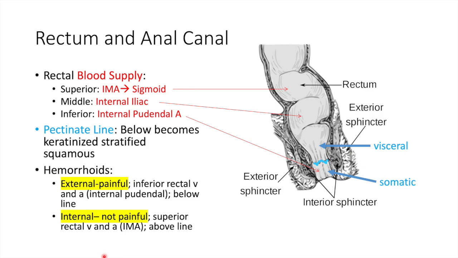So the rectum and anus. So the rectal blood supply, there's going to be a superior, middle, and inferior portion. The superior is coming from our IMA, from our sigmoid, just like we had talked about. The middle comes off of our internal iliac, and then the inferior rectals are coming off of our internal pudendal artery.